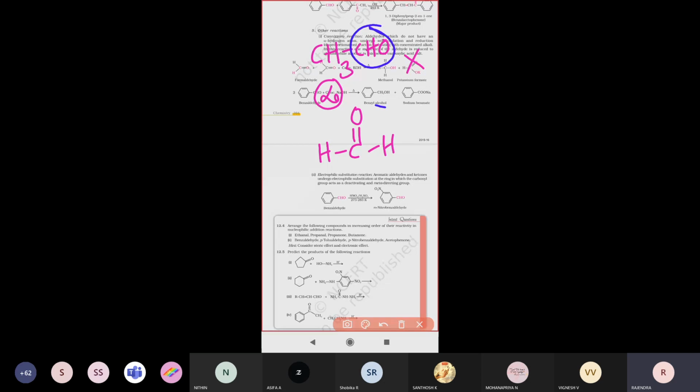Is there any alpha carbon atom adjacent here, and is any alpha hydrogen atom present in formaldehyde or not?